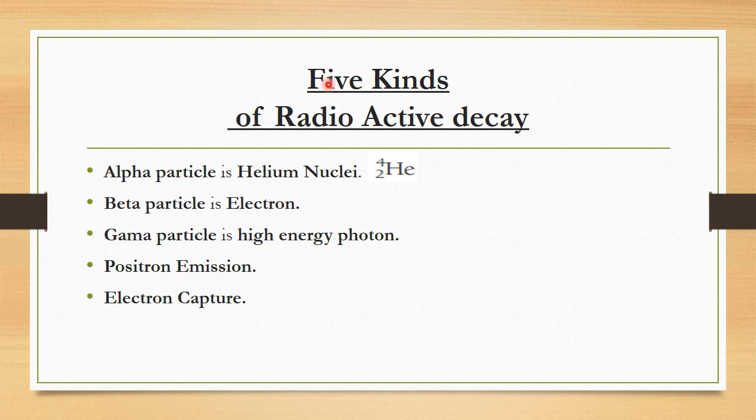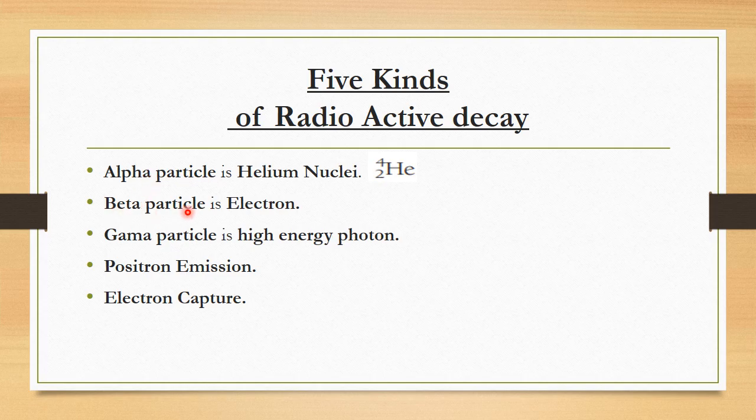The 5 kinds of radioactive decay are: the first one is alpha particle decay. The alpha particle is a helium nuclide, He-4 (with atomic number 2). Here we exclude the 2 electrons outside the helium atom, and this helium nucleus is referred to as an alpha particle.